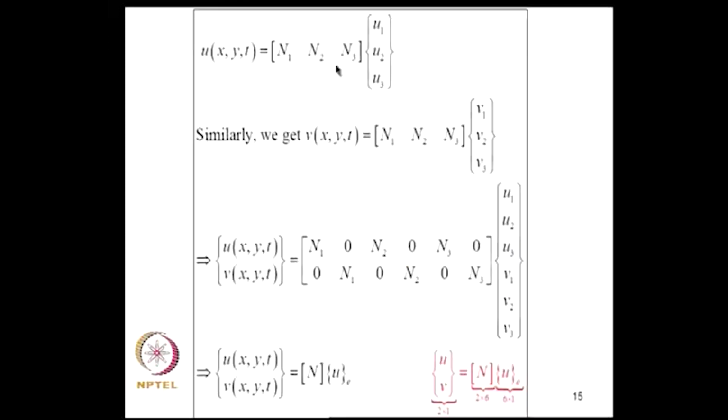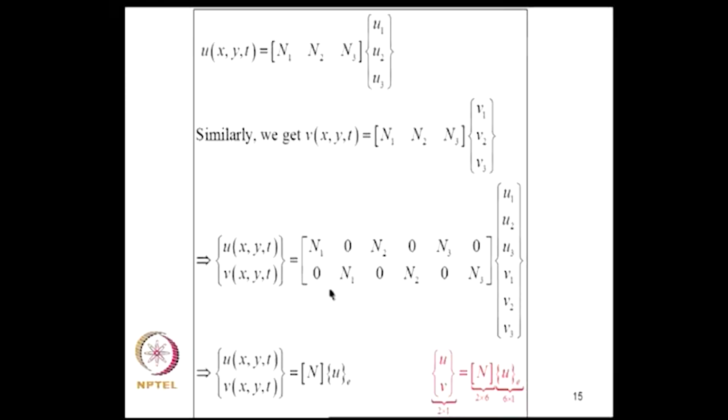Thus, I get u like this, and similarly for v, the other field variable. There are two field variables, and I get a similar expression in terms of v1 v2 v3. Now, I can combine the two states u and v into a single vector and write them in terms of the nodal values u1 u2 u3 v1 v2 v3 as shown here.